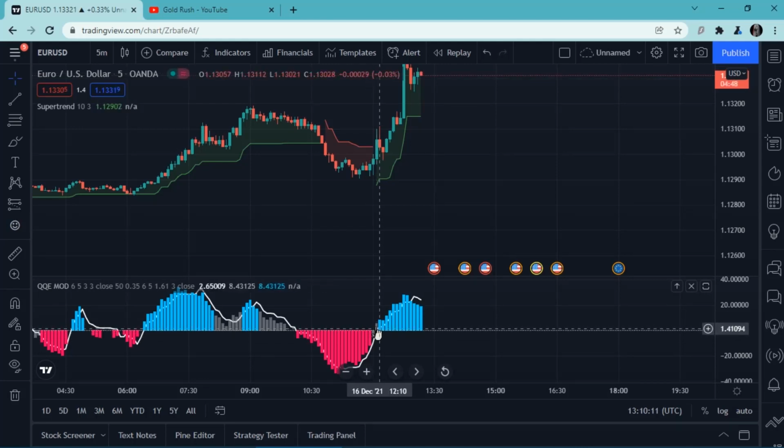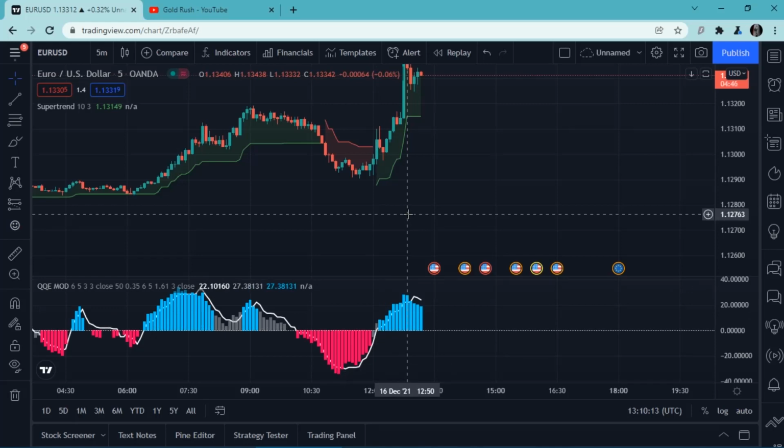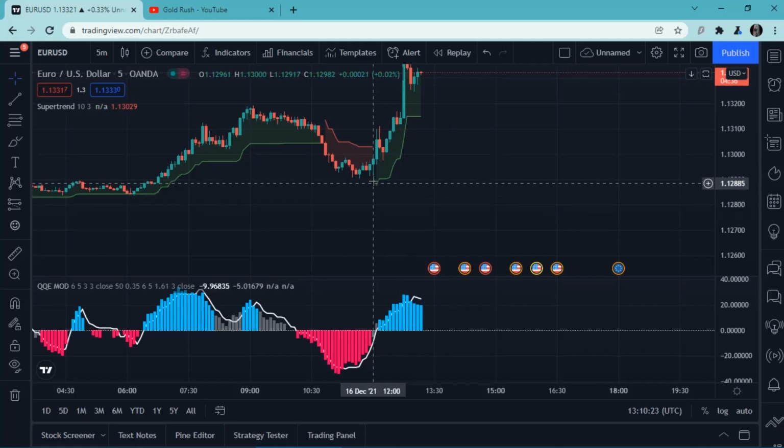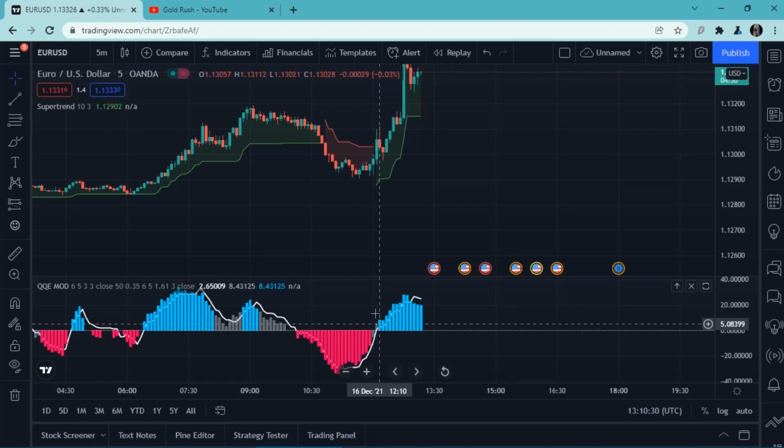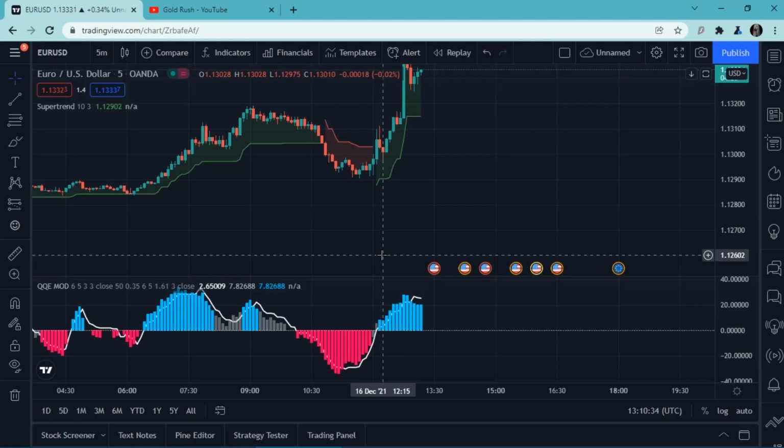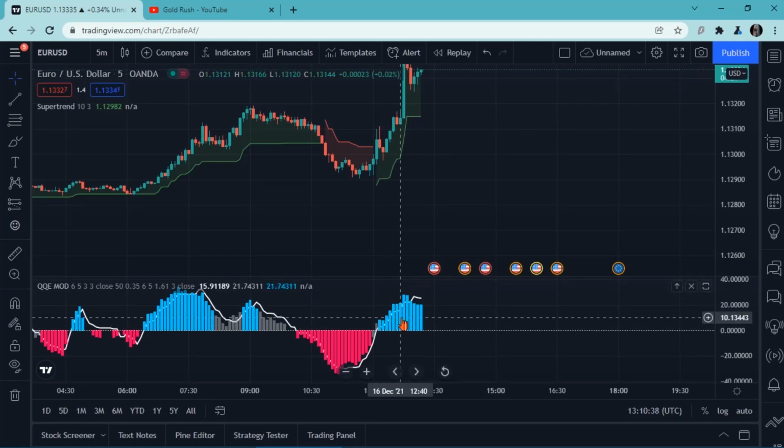Now, there are actually two forms of entries using this QQE mod. The first is when the red changes to green and the QQE mod shows ash. And when the red changes to green and the QQE mod shows this green.